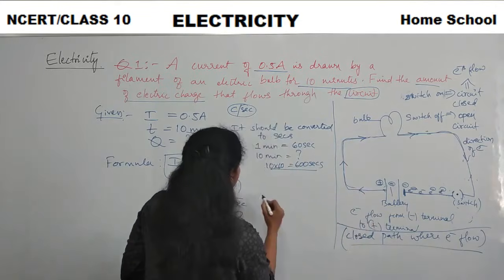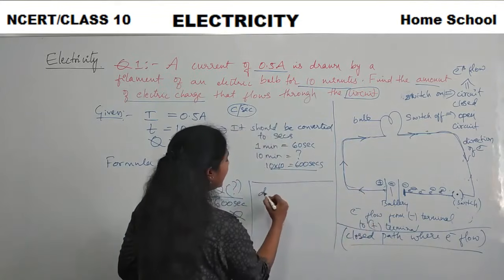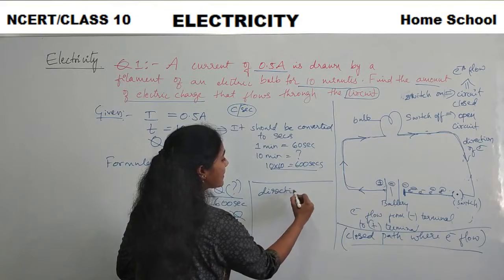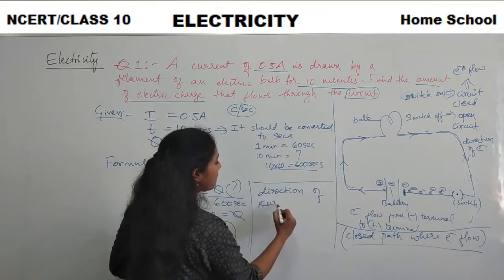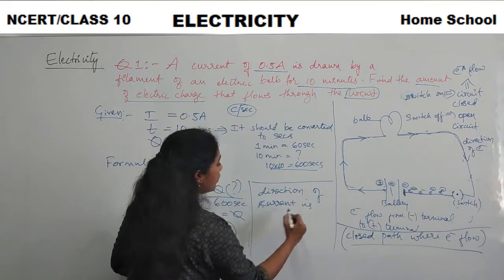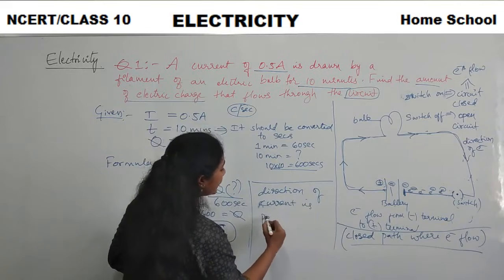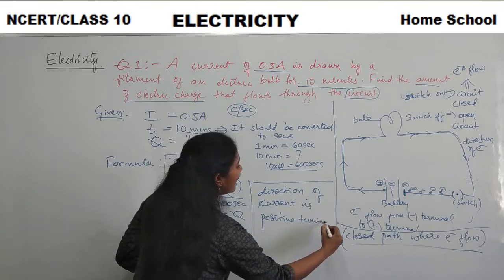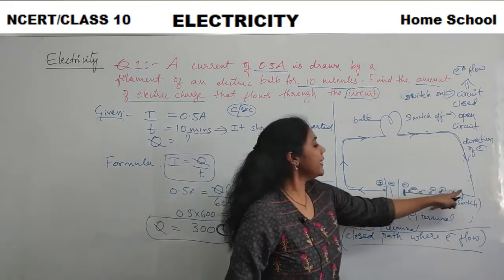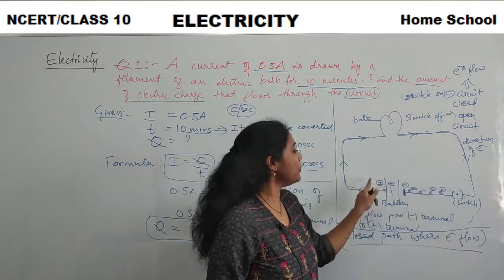I'll write it here. Remember, this is very important. The direction of current is positive terminal to negative terminal. But actually, electrons flow in this direction, negative terminal to positive terminal.